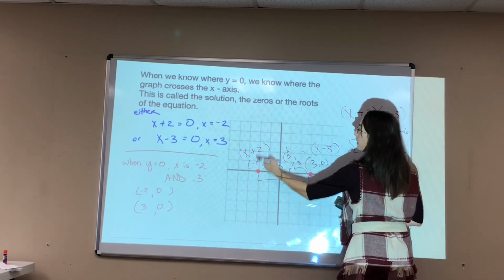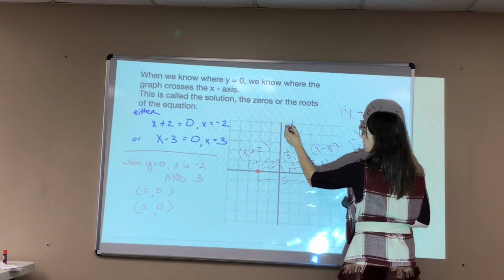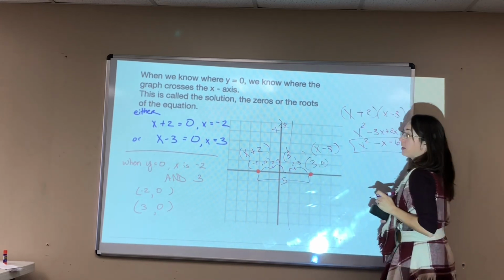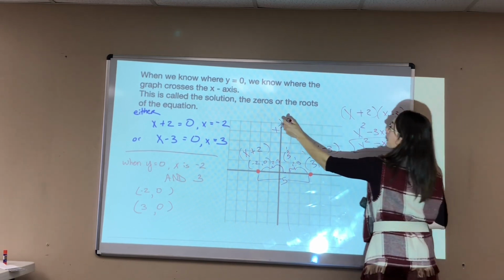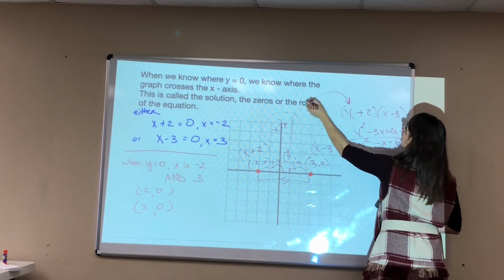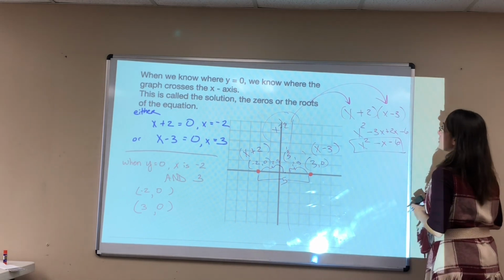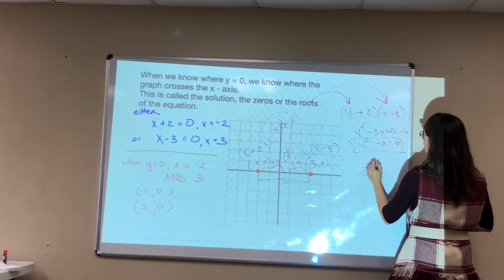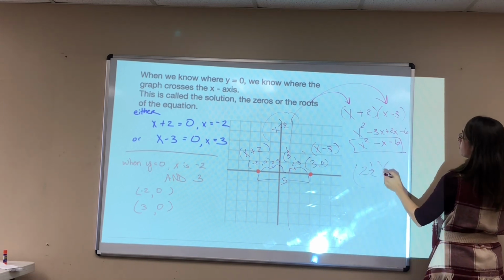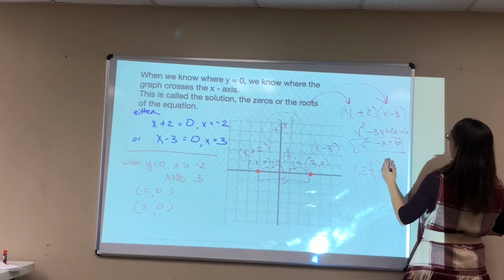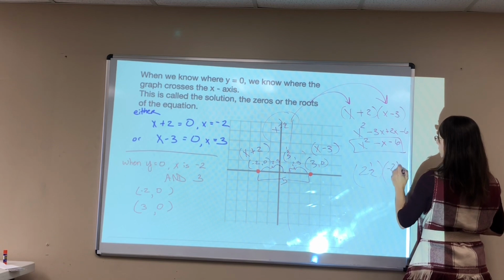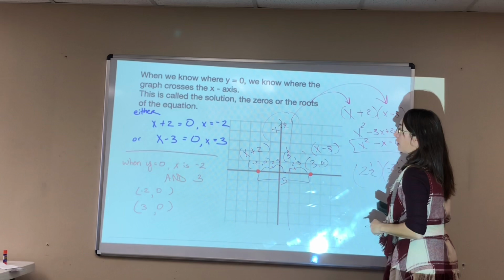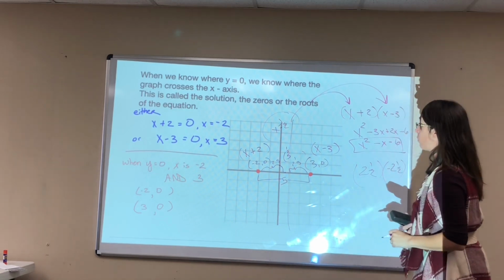So we automatically know that our axis of symmetry lies on x equals 1/2, which means I can plug this in and then solve for the y value of our vertex.